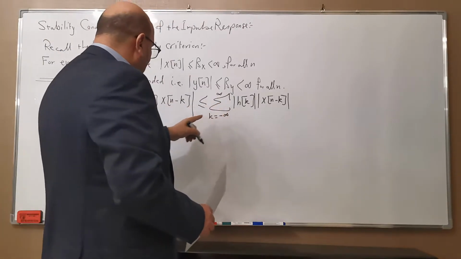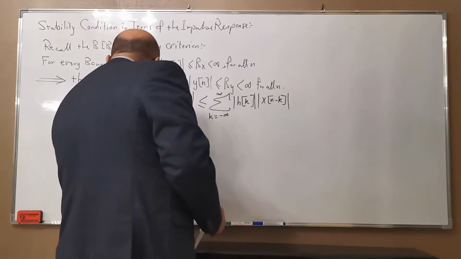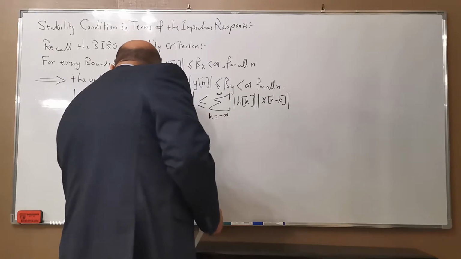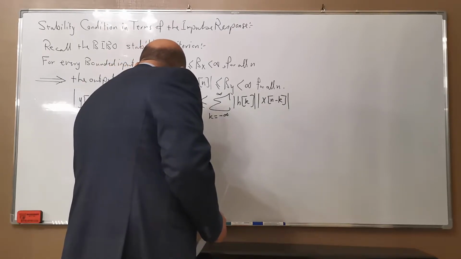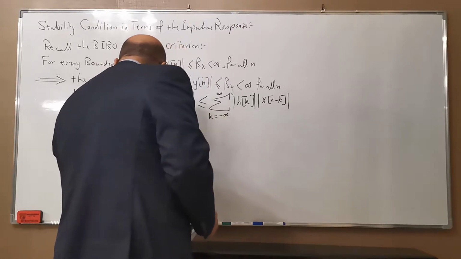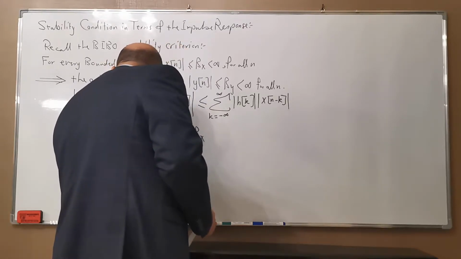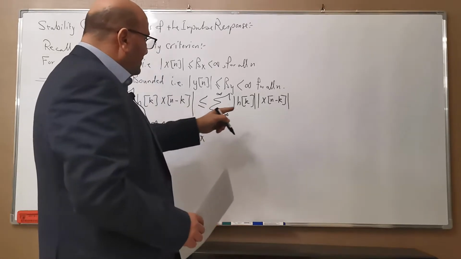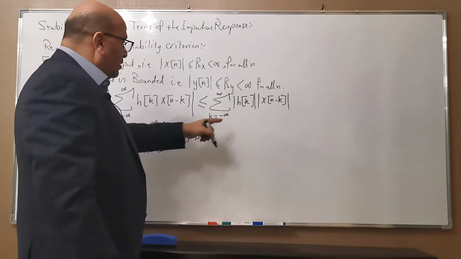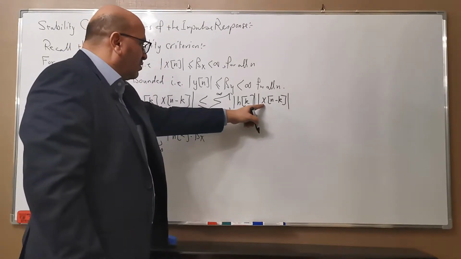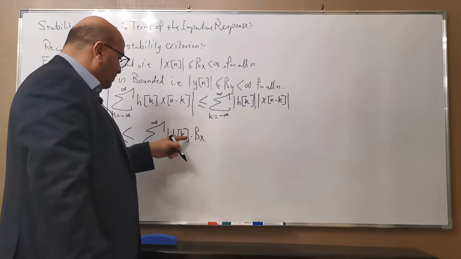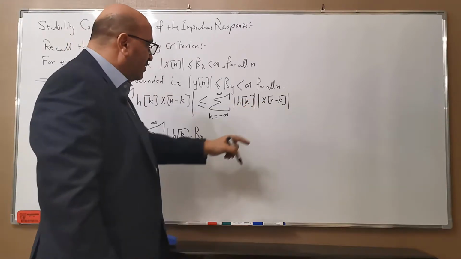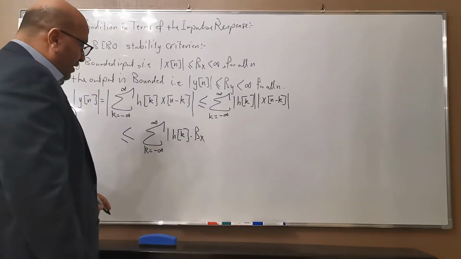We're going to substitute for x the maximum value of x. So this summation definitely is less than the summation of h of k times beta x from k equals minus infinity to infinity. So we substituted the upper bound beta x instead of the absolute value of x of n minus k.